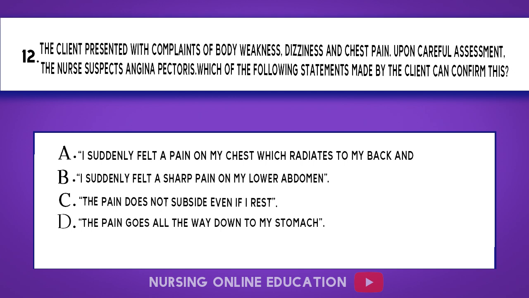C. The pain does not subside even if I rest. D. The pain goes all the way down to my stomach. The answer is option A. I suddenly felt a pain on my chest.